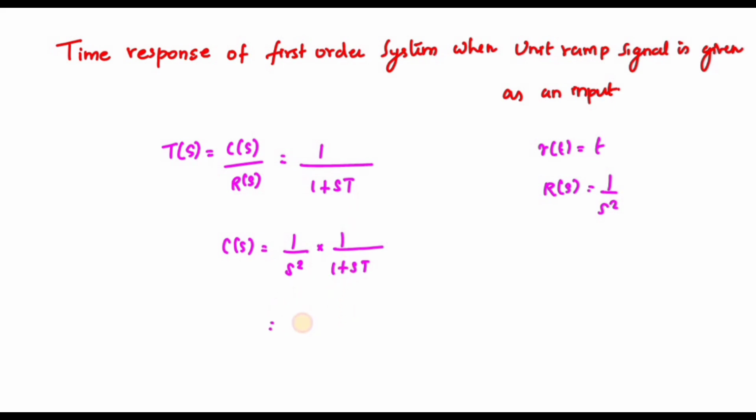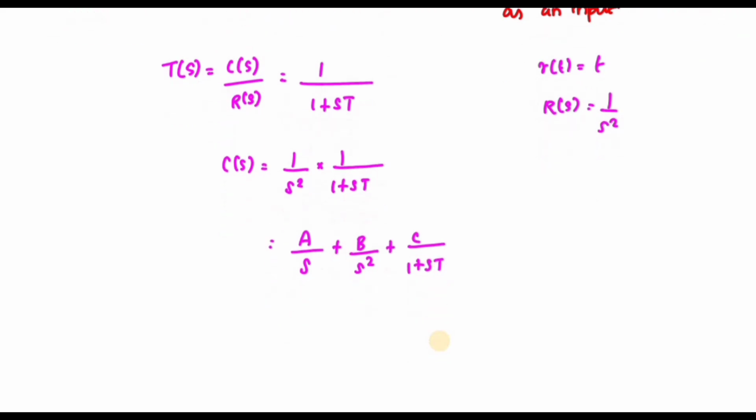For this one we can take partial fractions. I can write it as A divided by s plus B divided by s square plus C divided by (1 + sT). So this is equal to A s (1 + sT) plus B (1 + sT) plus C s square.